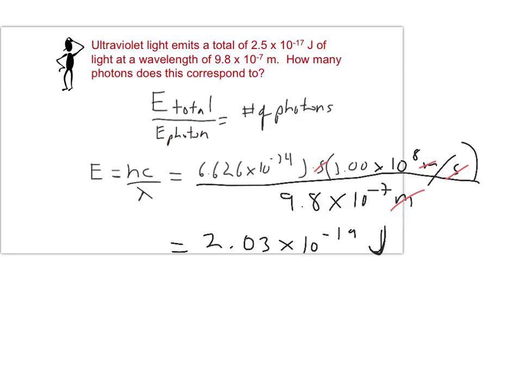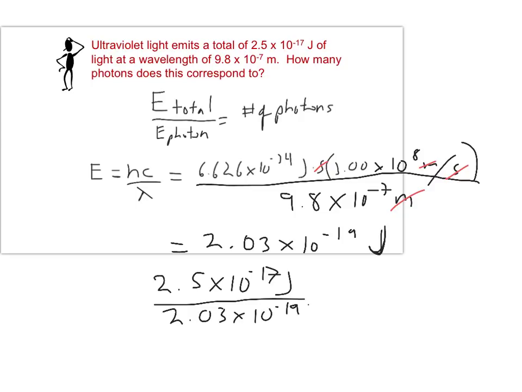So we substitute this value in here. Total energy is 2.5 times 10 to the minus 17 joules, divided by the just calculated energy of the photon. So 10 to the minus 19 is 2 orders of magnitude smaller than 10 to the minus 17, so we should get a large number.